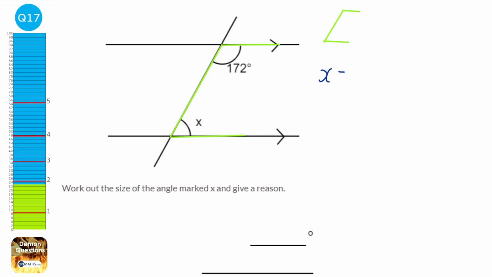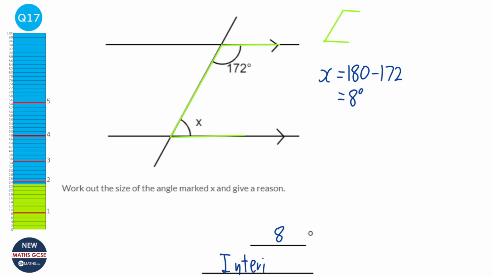So to find x, what we need to do is take 172 away from 180, which will obviously be 8 degrees. And so it's going to be 8 degrees, and the reason is interior angles. Now some teachers call it co-interior, some teachers call it allied angles. Either one of those three is absolutely fine, you'll get full marks.